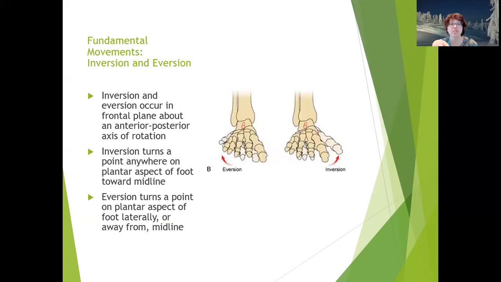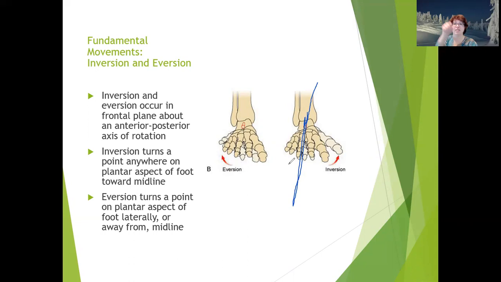Inversion and eversion occur in the frontal plane about an anterior posterior axis of rotation. So in this picture, I'm going to draw on that a little bit. This little symbol indicates the anterior posterior axis.